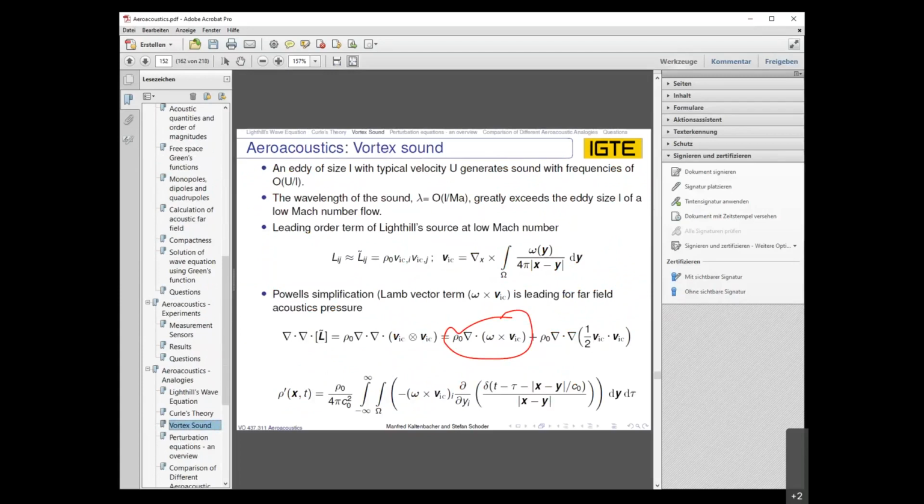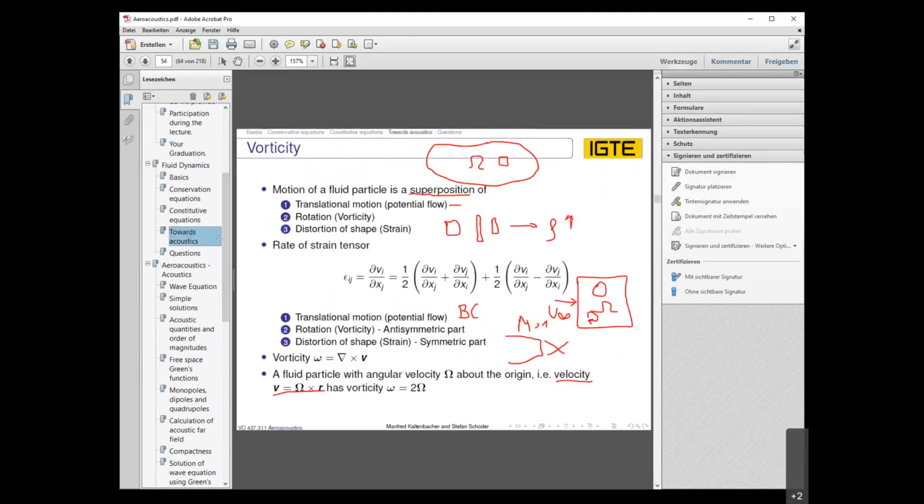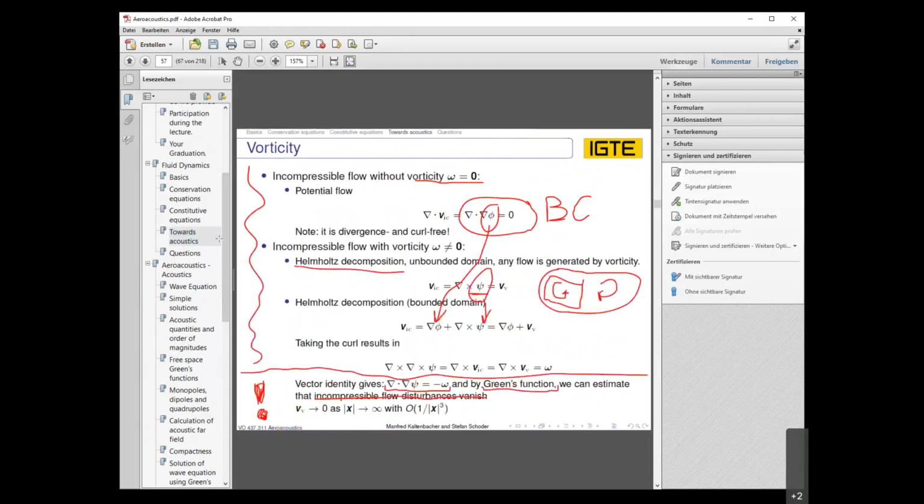So Paul did some simplifications on the sources, and he found that the lambda vector is the leading term for the far field. And this one is important in the near field. That was his conclusion. Okay. Yes. Perfect. Okay. Thank you.